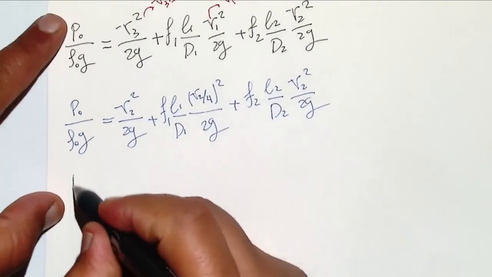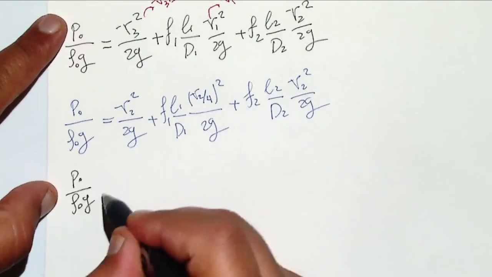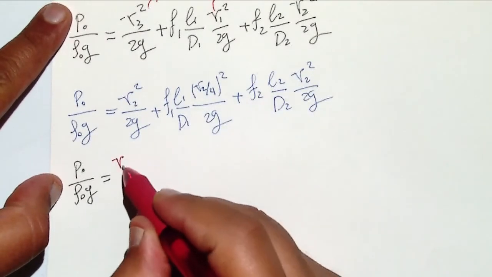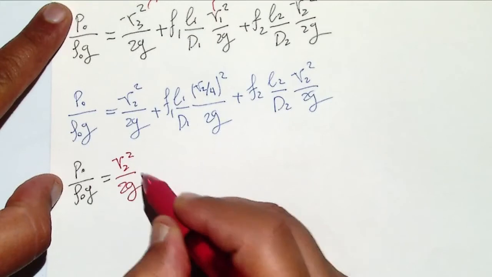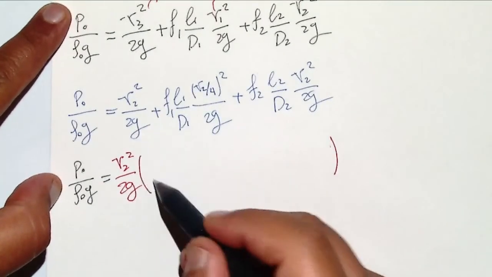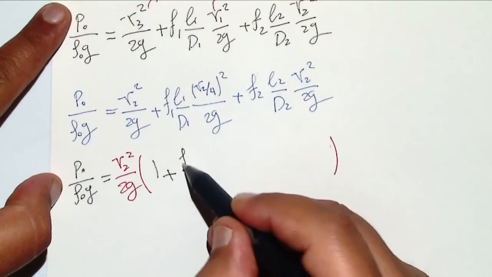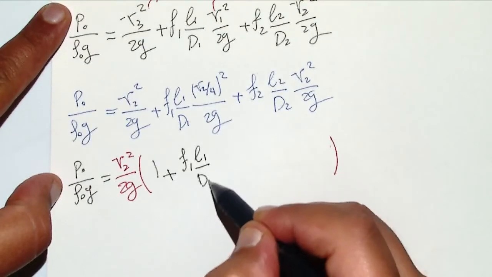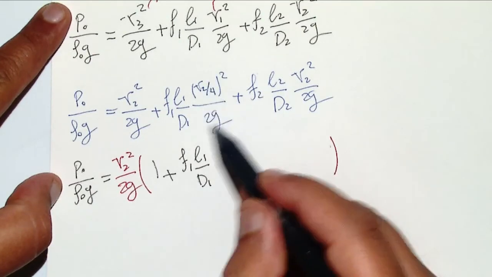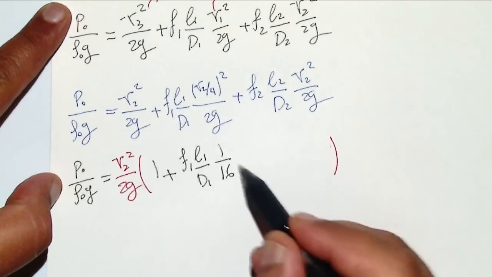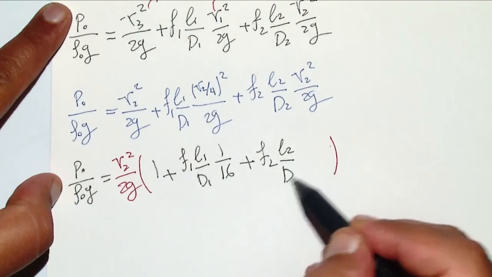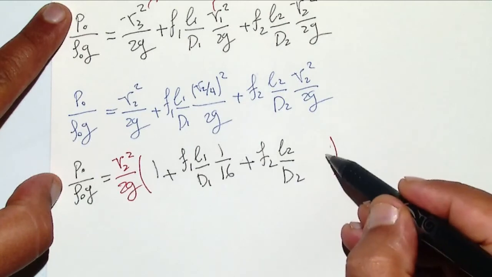We'll keep this term here, equal to extracting V2 squared over 2g from all the terms. Right? So this is going to be 1 plus F1 L1 over D1 times 1 over 16 left, since V2 squared over 2g is going out, plus F2 L2 over D2 times 1.